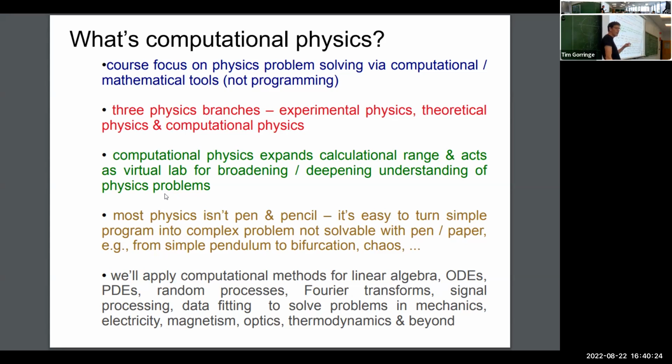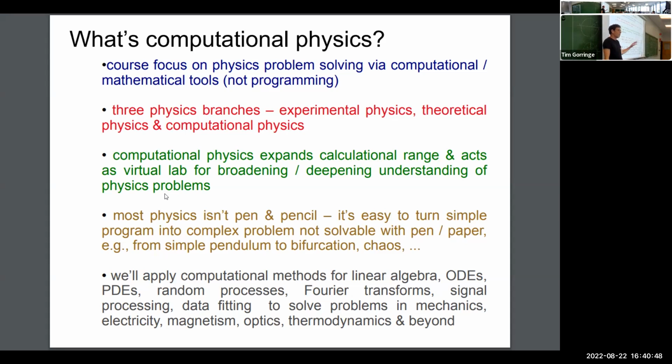We're going to be looking at random processes using computational mathematical techniques. We're going to be looking at more analysis things where we do Fourier transforms, signal processing, and data fitting to solve physics problems. So this is really the work that we'll be doing over the semester.